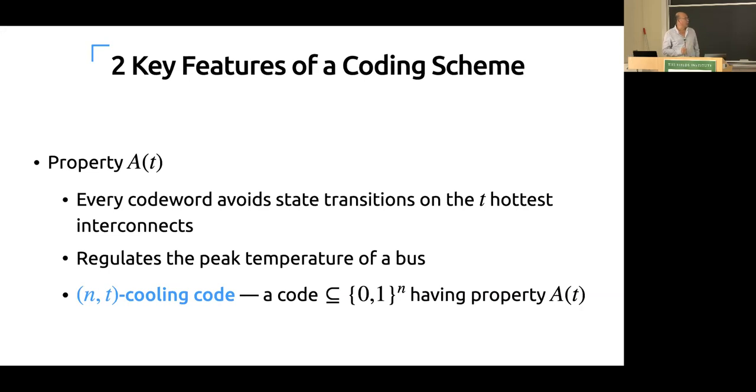A code is said to have property AT if every code word avoids state transitions on the t hottest wires. Property AT is what we need to regulate the peak temperature of a bus. I'll call a code an anti-cooling code if it has property AT.